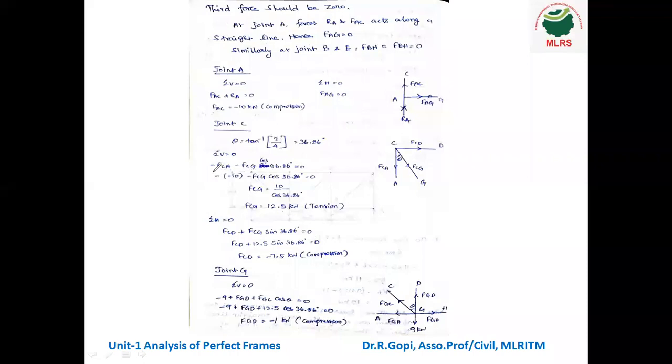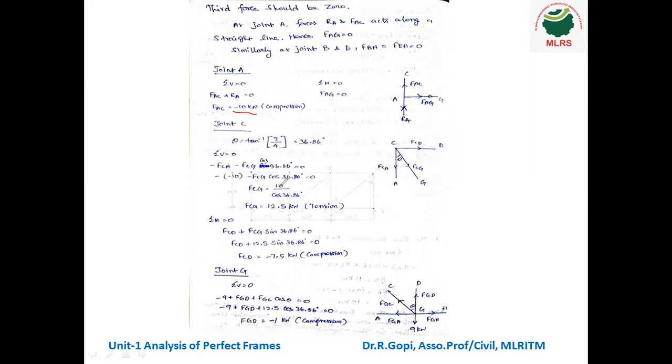So minus FCA minus FCG cos 36.86 degrees equal to 0. Therefore, minus FCA. What is the FCA value? We already found it is minus 10 kilonewton. Next, minus FCG cos 36.86 degrees. From this, minus into minus is plus.